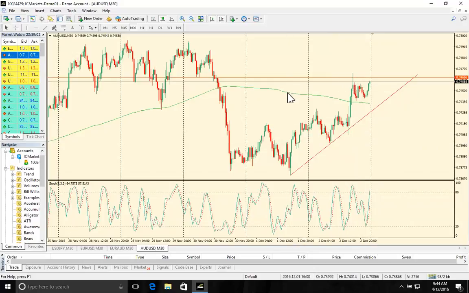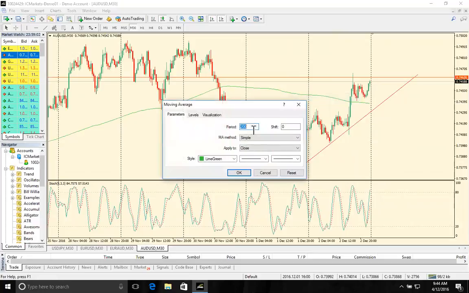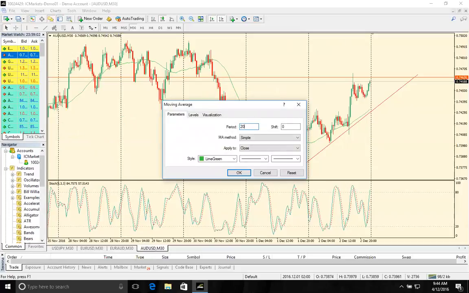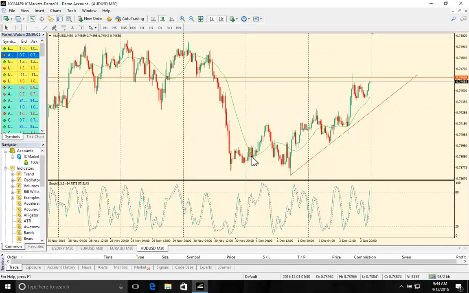Now you can see here this moving average, we've got 200. If we change it to, let's say, 34, 20. You can see this 20 is going sideways, right? Maybe it's the 50 that is actually reacting.